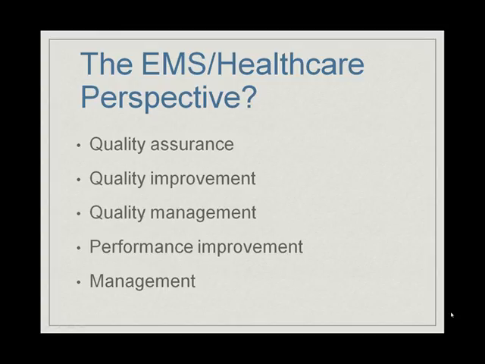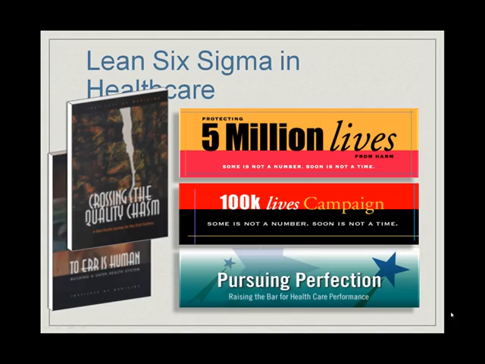But even with the quality management realm and calling it quality, there was a focus on clinical as opposed to focusing on all processes in an organization. So slowly we started moving towards calling it performance improvement, and about the same time, as we'll see in our next lecture, the Malcolm Baldrige Performance Excellence Award transitioned from calling it the Quality Award to the Performance Excellence Award. But ultimately what we're after is a management approach to the way we do things that focuses on all pieces of an organization.